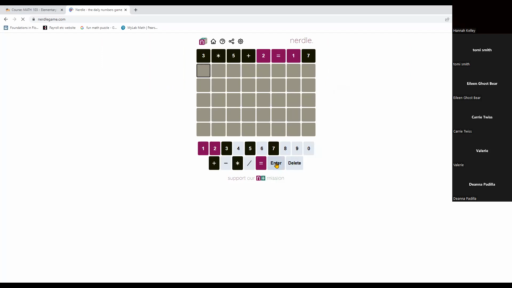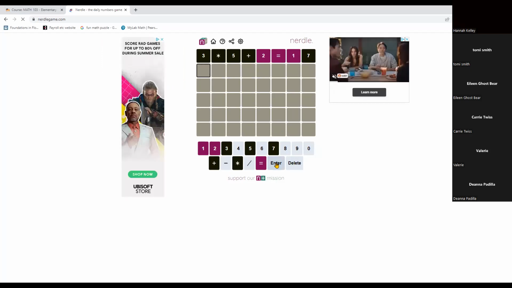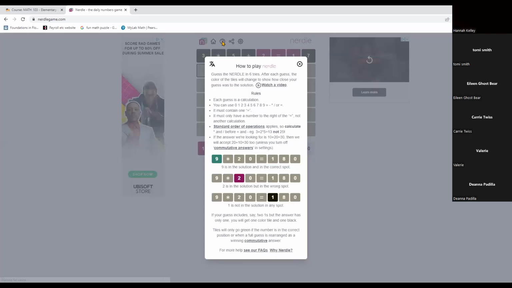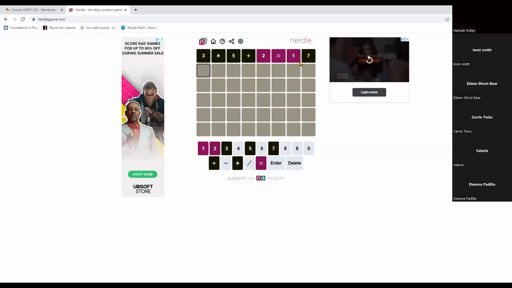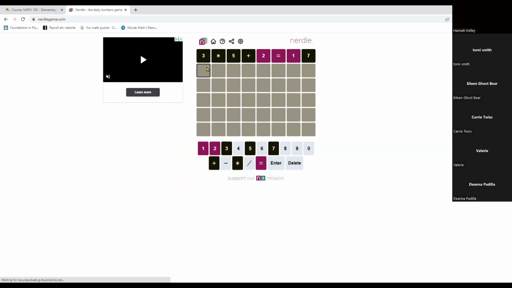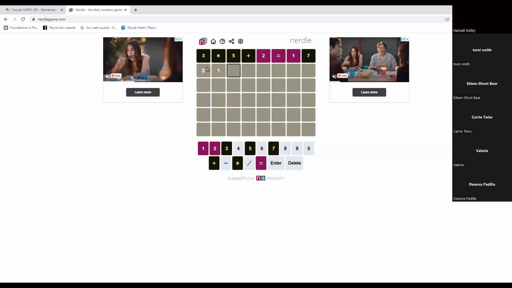Those purple ones mean there's a 2, an equals, and a 1 in this situation, but they aren't in the right place. If the number is in the right place, it would be green. If it's black, it means it's not in there at all. So on my next try, I won't use any of the ones that got ruled out. I'm not going to go through this whole puzzle, but I'm showing you how it would work.